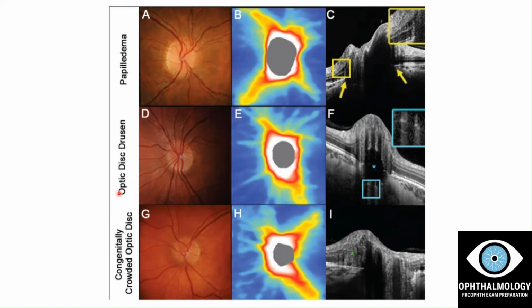While in optic disc drusen, it's not thickened beyond the margins of the optic nerve head, and it's nearly global or irregular in relation to the parts swollen with the drusen. While in congenitally crowded discs, it's all around. And again, here you can see how Bruch's membrane is pushed forward, while in optic nerve head drusen, not pushed forward.